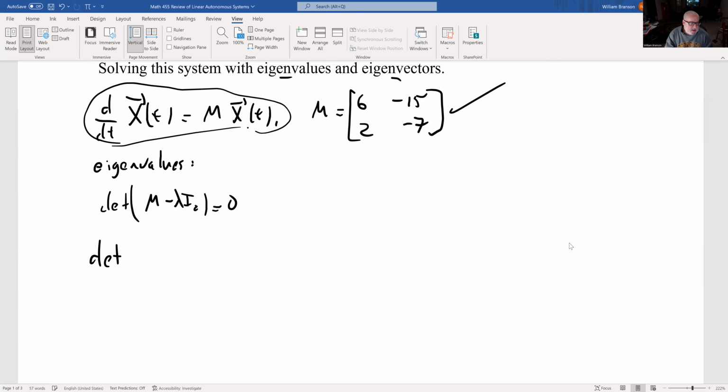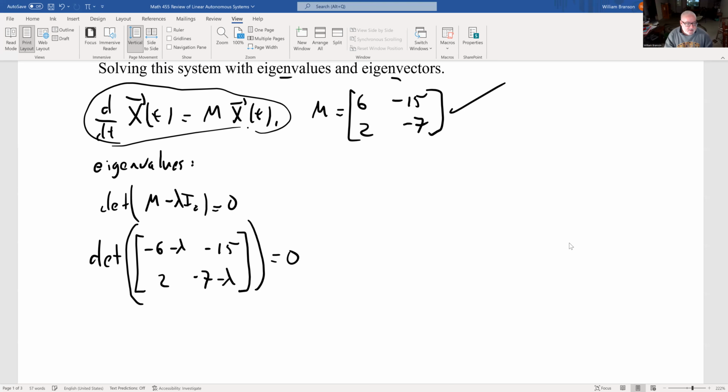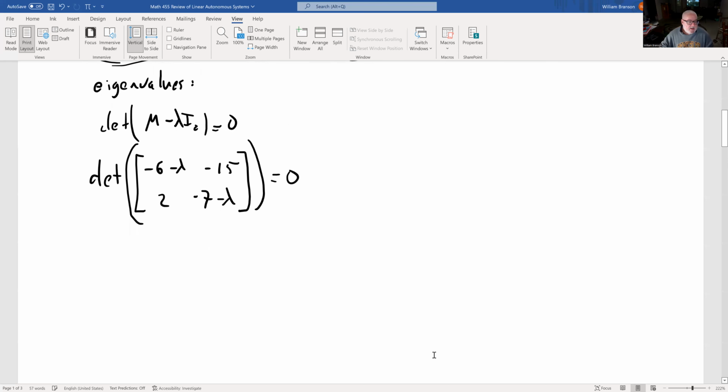What this means is that, in practice, I want to take the determinant of the matrix where I take 6 minus lambda, minus 15, 2, minus 7 minus lambda. So I take the variable lambda and I subtract it off from the main diagonal and I set that equal to 0. Now the determinant of a 2 by 2 matrix is these two multiplied together minus these two multiplied together.